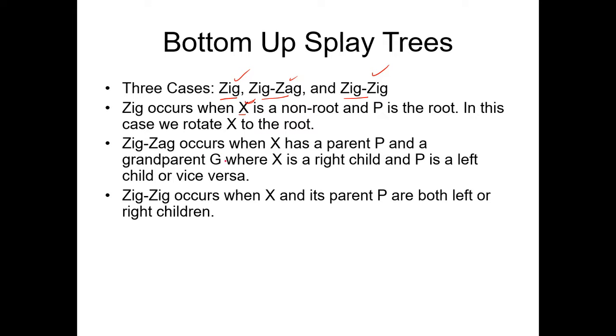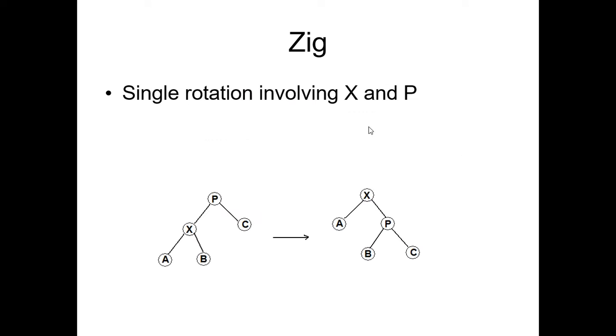Now we will see exactly what the zig is. As I said, zig is when X is a non-root and its parent P is the root. You can see here, this is the zig situation. X is the node which you have recently accessed, and whose parent is P, which is the root node.